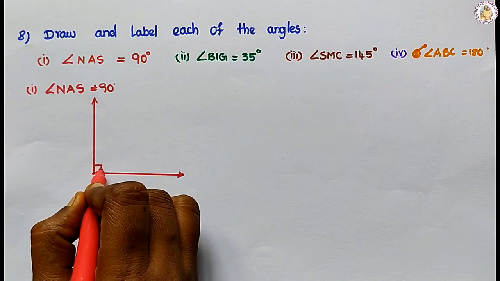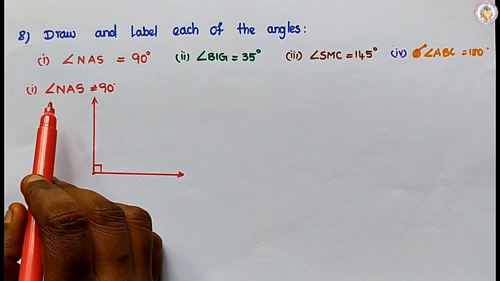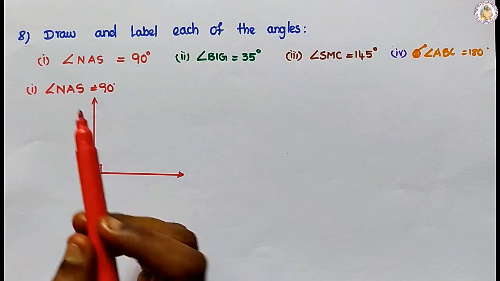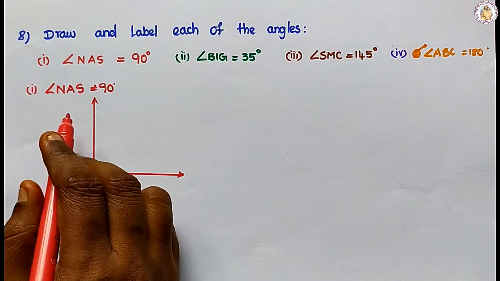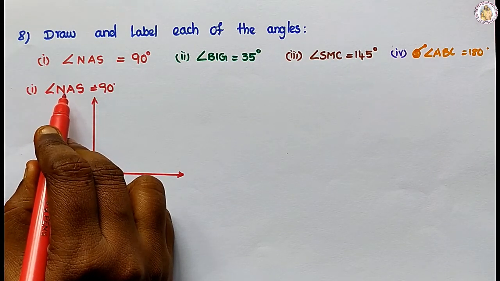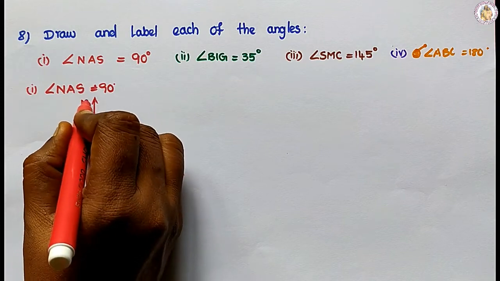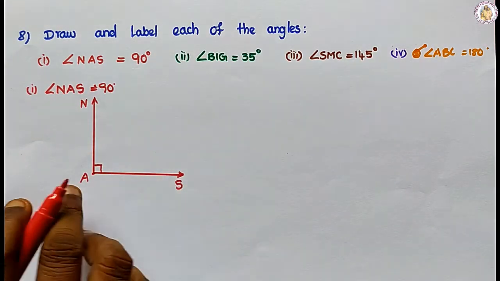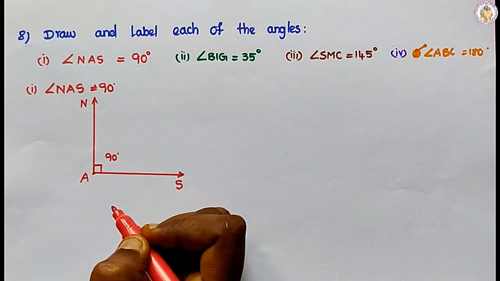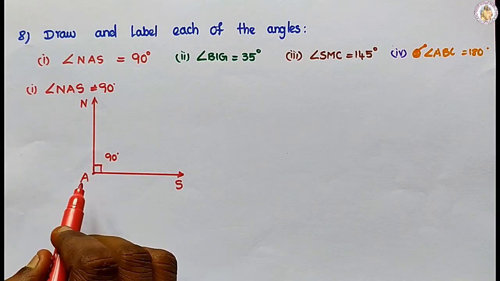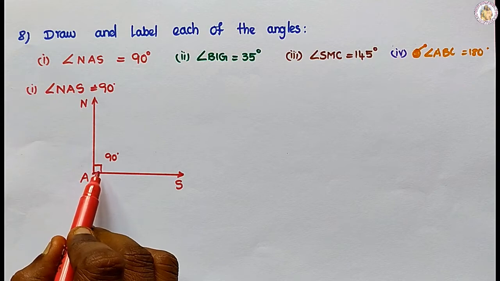Now name the angle. What have they given? NAS. A is the starting point, so that is the center. NAS. That is 90 degrees. No need to write 90 degrees because it is denoted by the symbol.